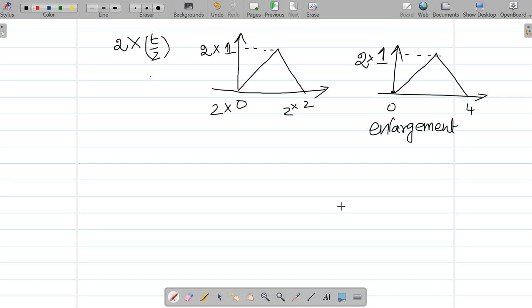So far we have seen the different scaling and different operations. The first operation that we have seen was time shifting. Then the next operation is time reversal. Then we have seen amplitude scaling, and then finally time scaling.